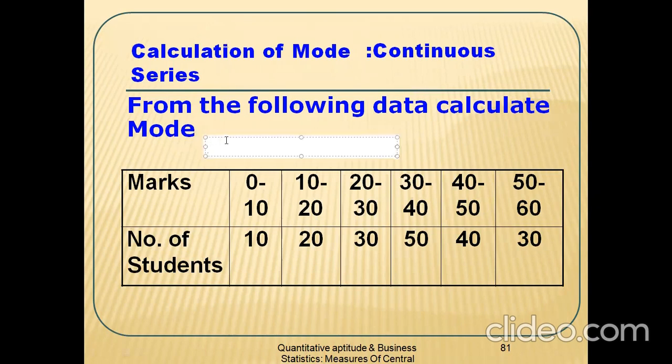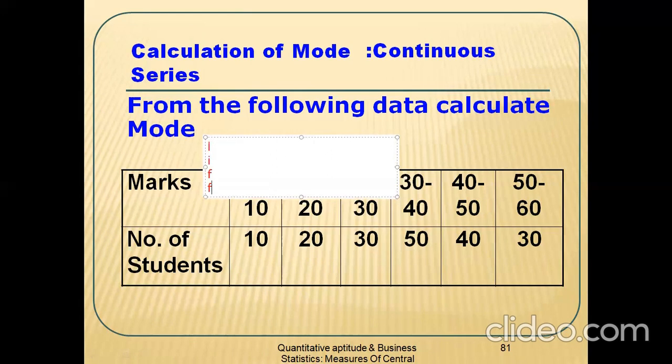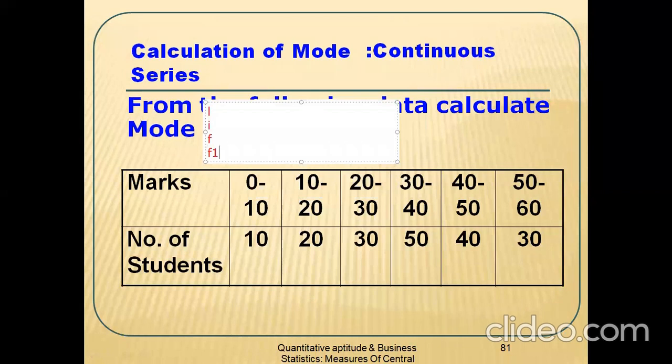The five elements required are L and I, then F, F1 and F2.